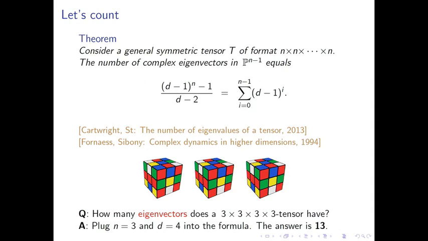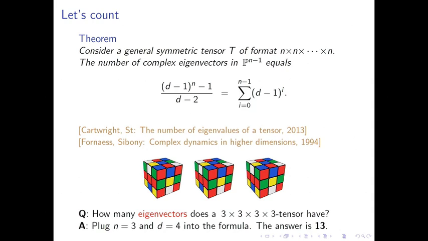We actually wrote a little paper that proved this with Dustin Cartwright, who's at Tennessee. It answered a question that Tammy Kolda asked us. Later we learned that this was known in complex dynamics.